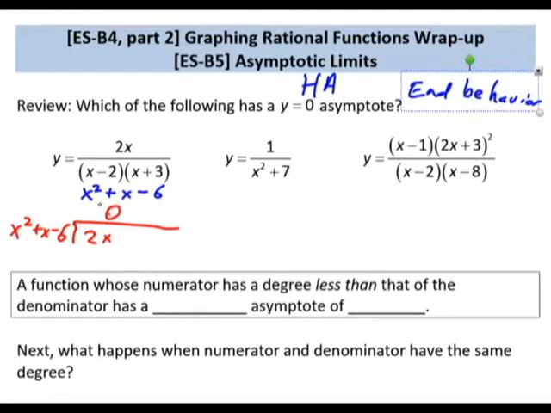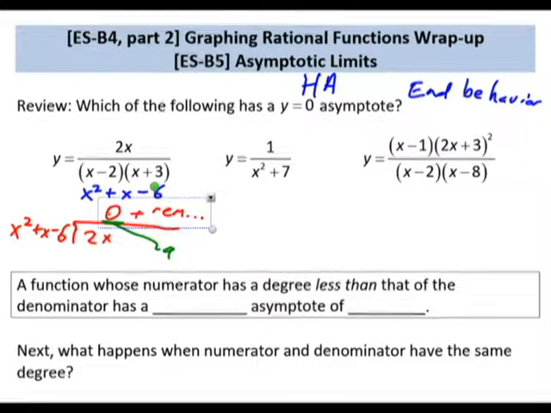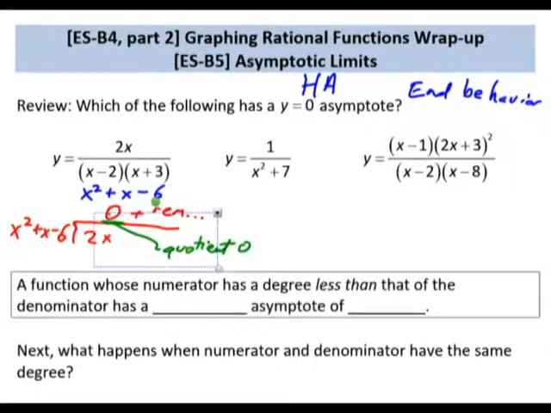So we're already done. This has 0 plus remainder. By our rule, the quotient is 0. And so that means our end behavior asymptote is y equals 0. This one's a winner.